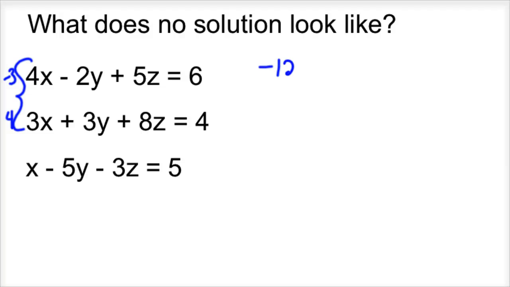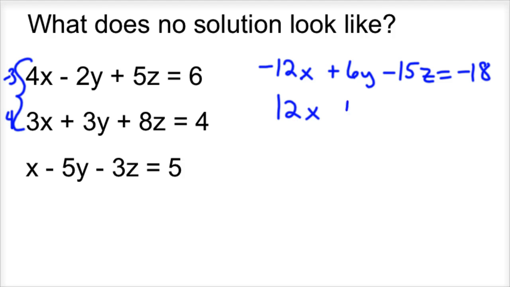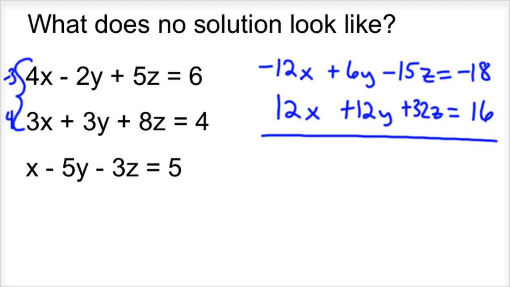So you'd have -12x plus 6y minus 15z equals -18, and 12x plus 12y plus 32z equals 16.